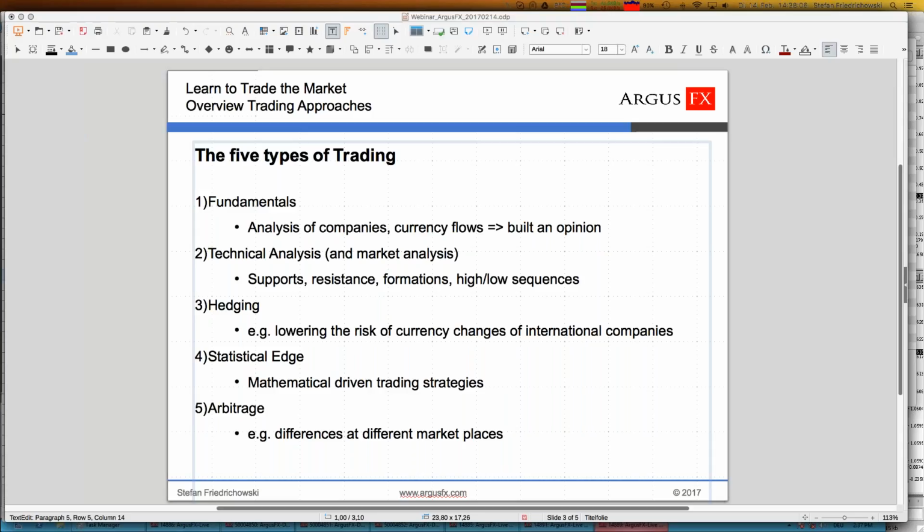Personally, from time to time, I open additional trades which are fundamentally driven, and as already introduced, that is more opinion trading, because I have a specific opinion on a specific market or underlying or company, and that is something I trade additionally.